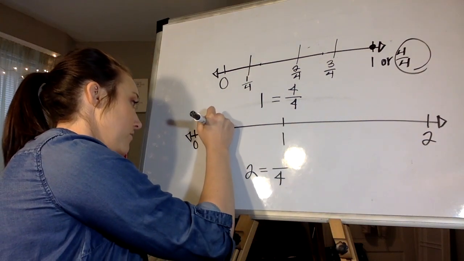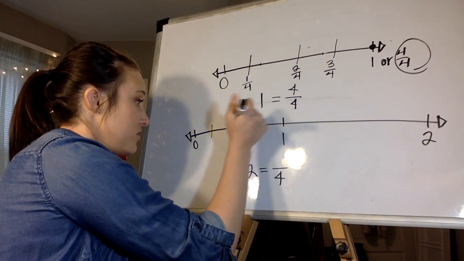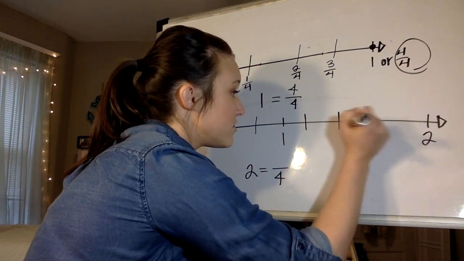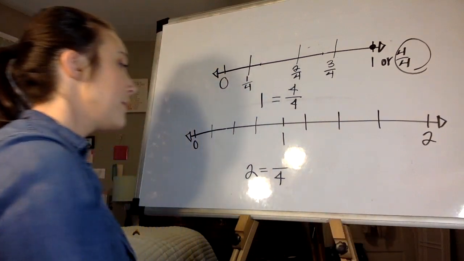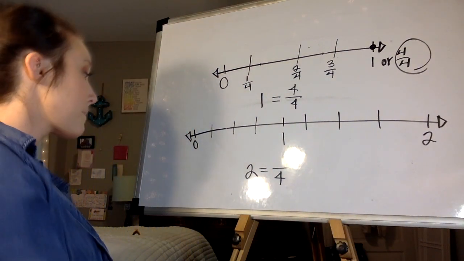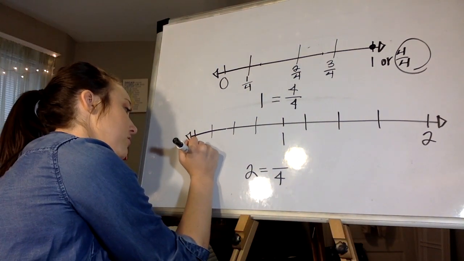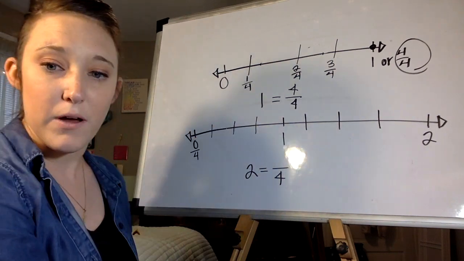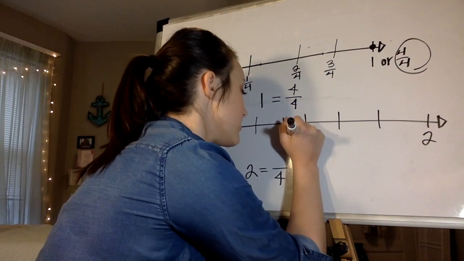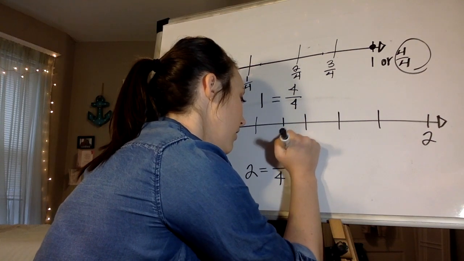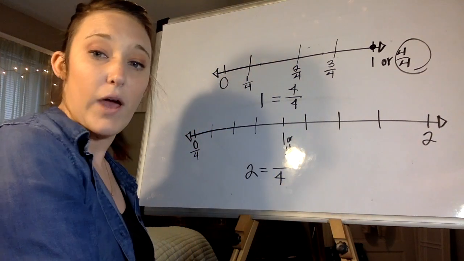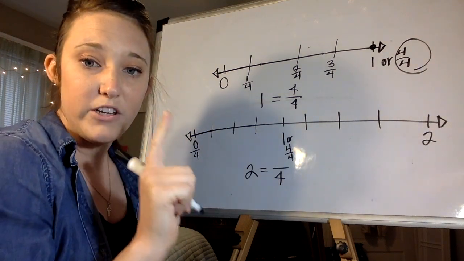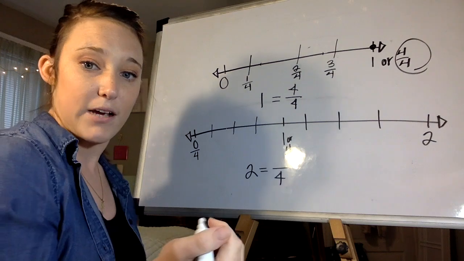So we've got 1, 2, 3, and 1, 2, 3. I know this is 0/4. I know from this problem that 1 whole is also 4/4.